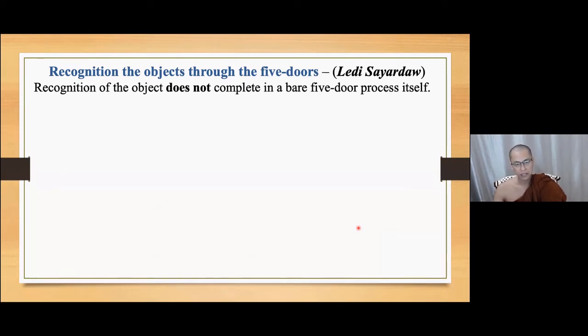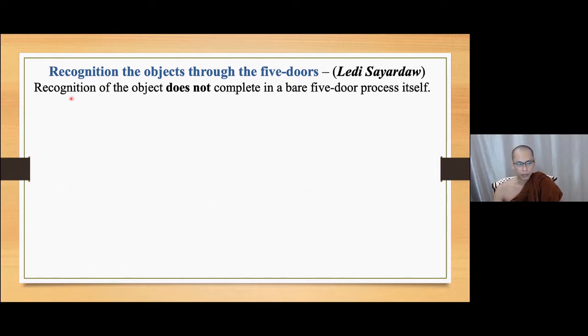But in the 5-door process, when the process of the eye-door, led by eye-consciousness, we understand that eye-consciousness sees because it performs the function of seeing. When eye-consciousness arises, we can see. This is the general understanding.